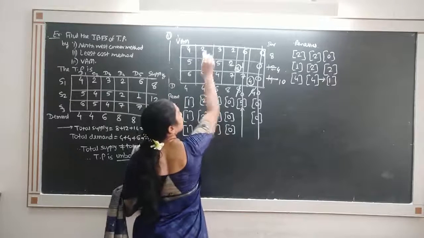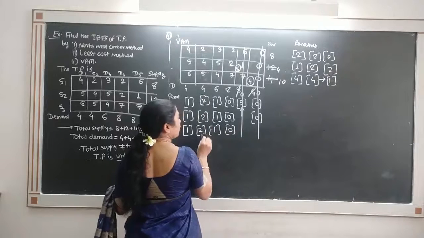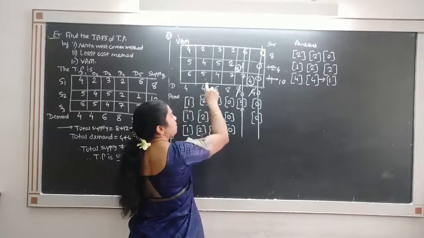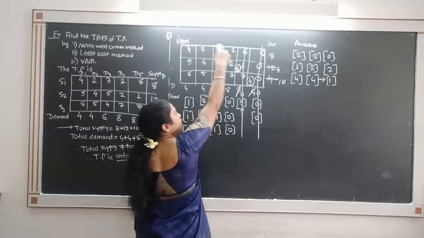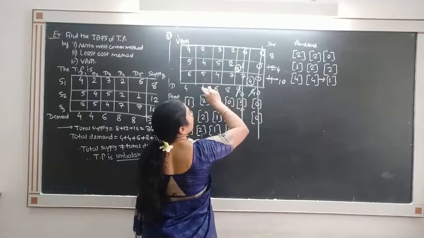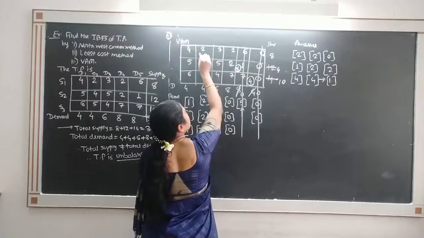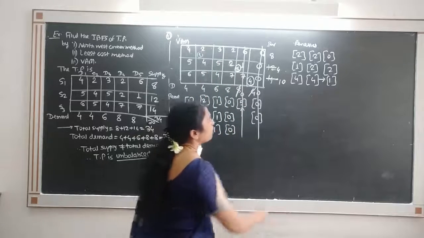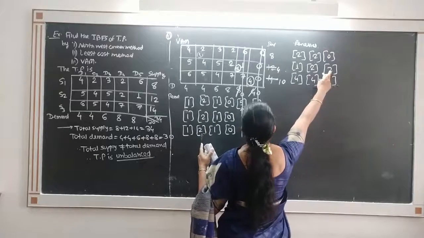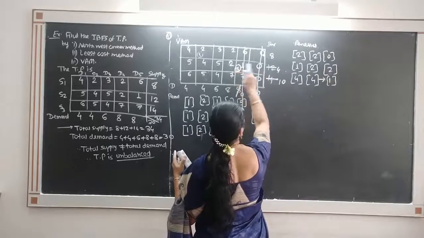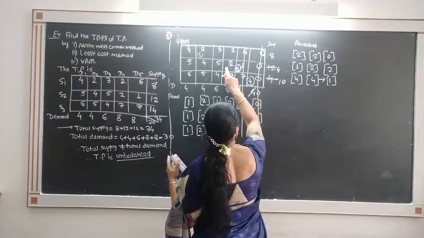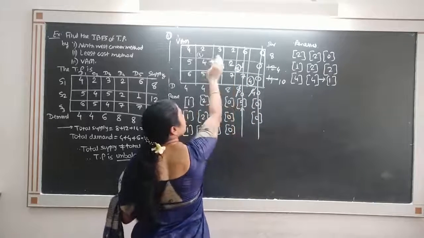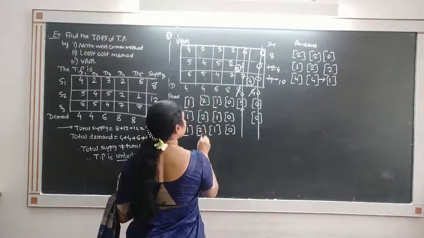If you select this one, see what will happen. If you select this penalty, then lowest cost is 2 and you can allocate minimum of 4 and 8, that is 4, and this will give us transportation cost to be 8. But if you say this one, the minimum is 2, you can allocate 4 and that will give again 8.